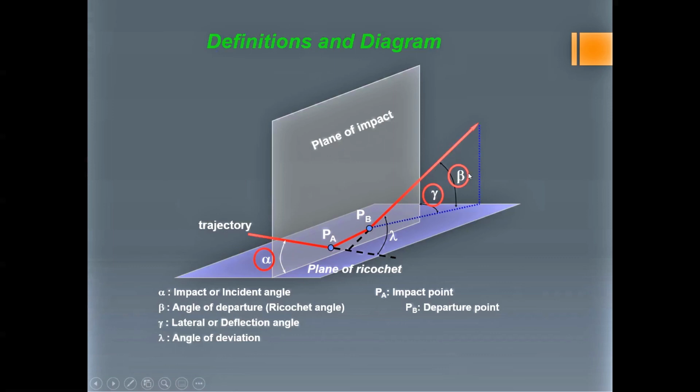Which is this angle right here. We also have a lateral or deflection angle, right? You can see here's our impact point, here's our departure point. So we're going to get much better graphics to talk about the lateral or deflection angle.